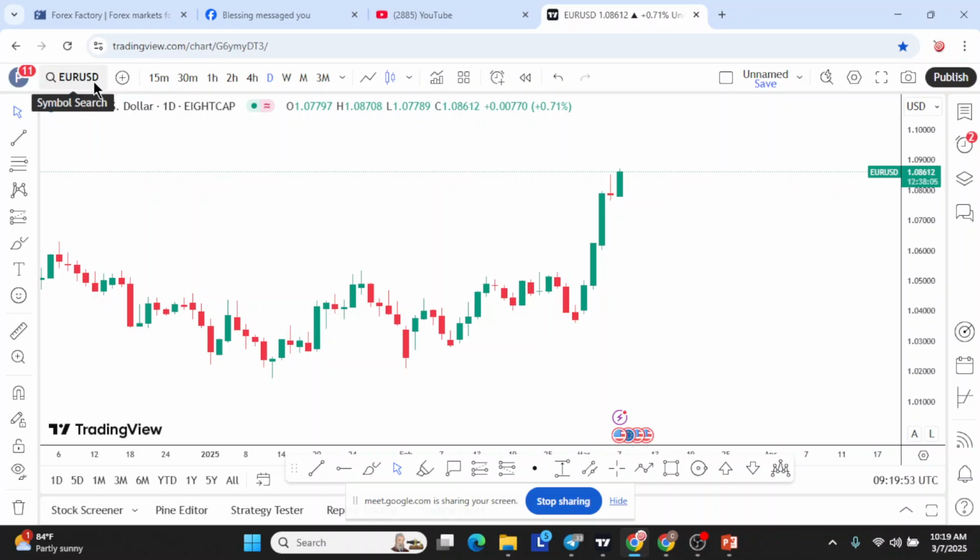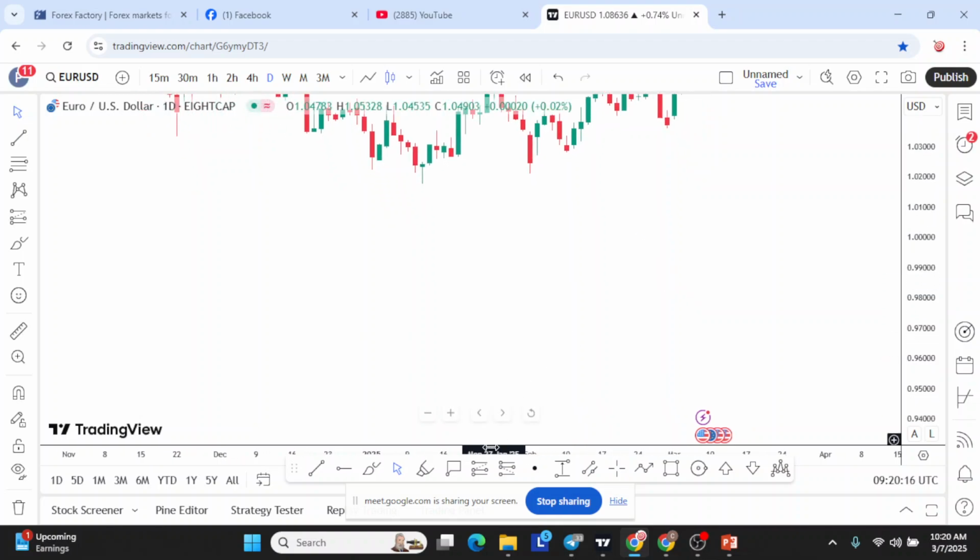This is a major currency pair, the euro against the US dollar. This side where we have a series of numbers is where we have the exchange rate, and the current exchange rate is trading at 1.08622. So let's use this as an explanation.